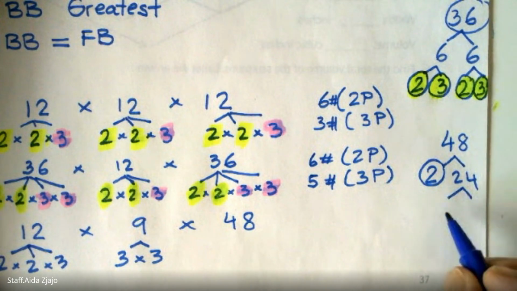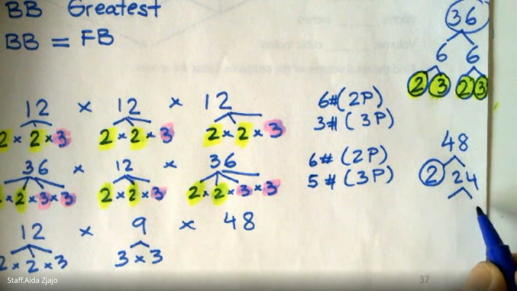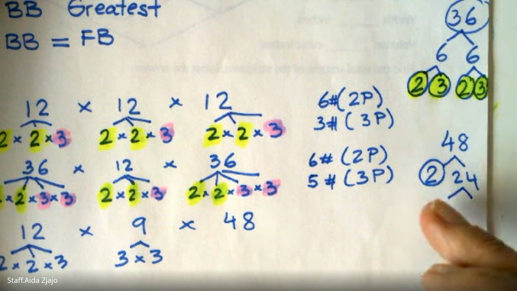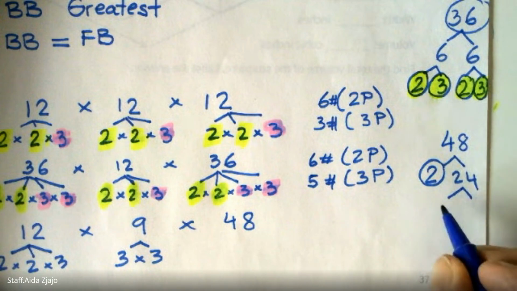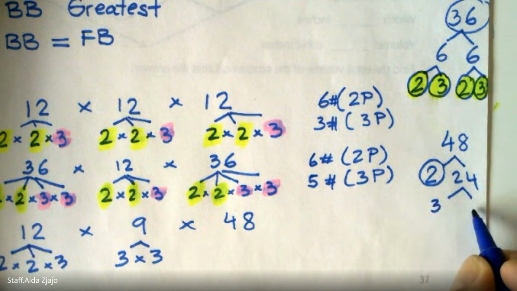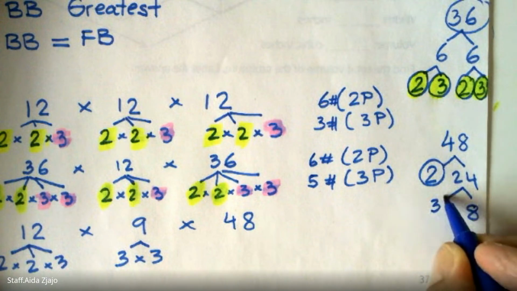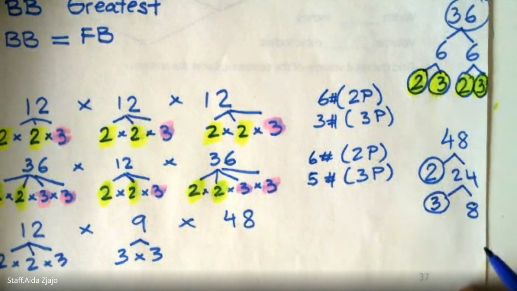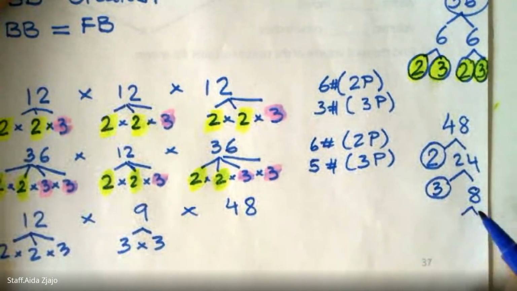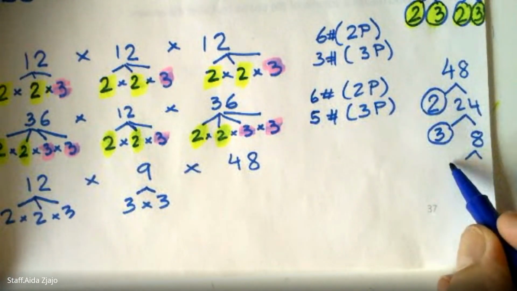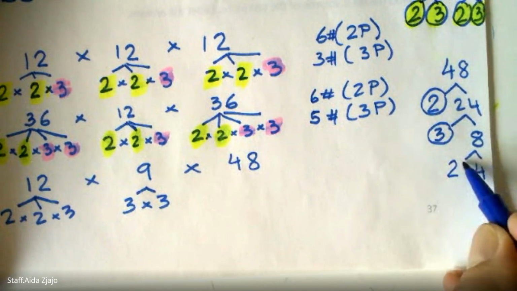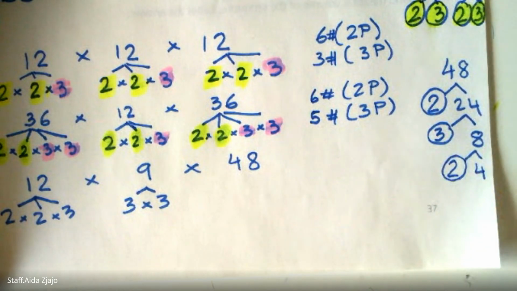I can do 2 times 12, or 6 times 4, or 3 times 8. So let's see if I do 3 times 8. 3 is prime, I can circle that, but I have to go to the 8. 8 is not prime, so I can do 2 times 4 for 8. And again, I got another prime.